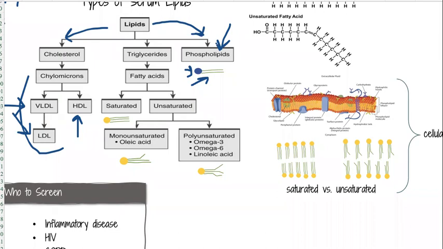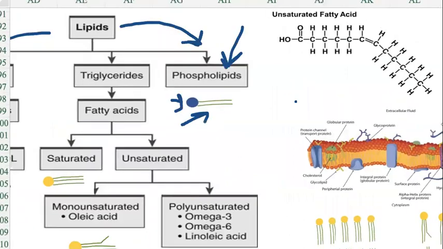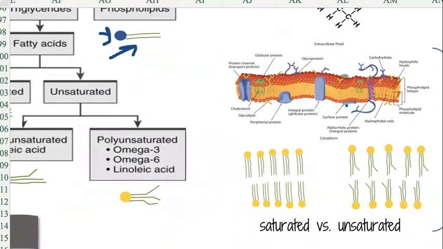If you look in here, I added this little picture. Don't get bogged down by all the other things in here. For right now, I just wanted to show you this area here. It's this bilayer of phospholipids. This is what makes up your cell membrane, right?